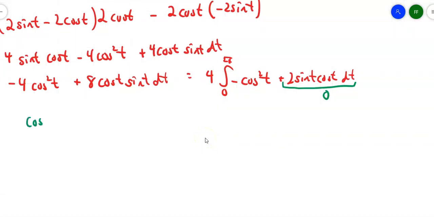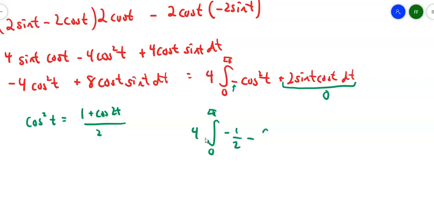Again, if I take cosine squared t, I can make that (1 plus cosine 2t) over 2. So this gives me 4 integral from 0 to 2 pi of negative of that expression. So negative 1/2 minus cosine 2t over 2.